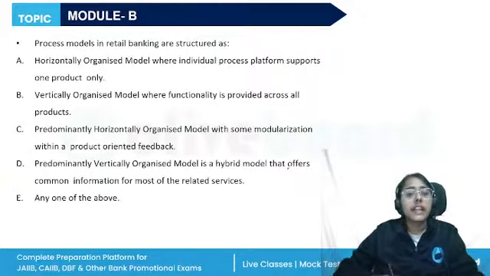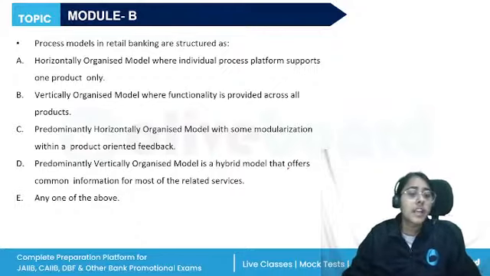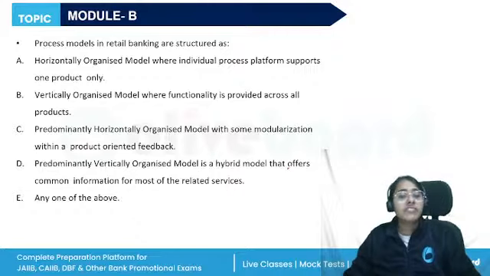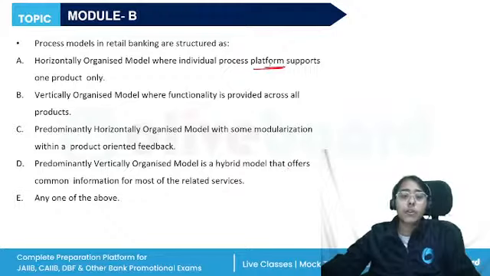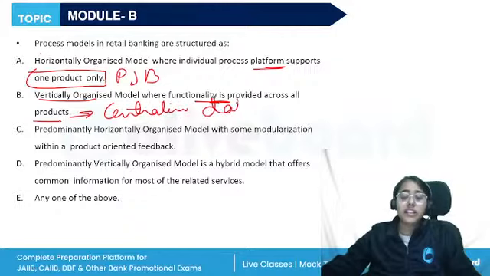Next, we have the technology or digitization of retail banking products. The process models in retail banking are structured as this. We have also studied them in the previous chapters. We have the horizontally organized model, where the individual process platform supports one product only, used by the public sector banks. Vertically organized model, where functionality is provided across all the products, so there is a centralized database in which customer integration is there.